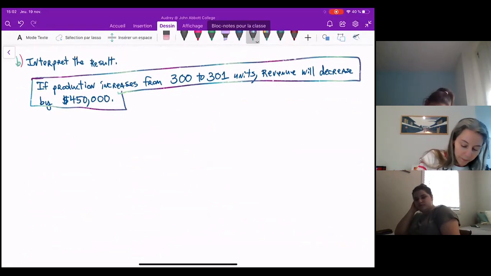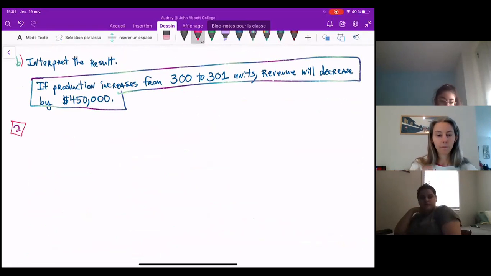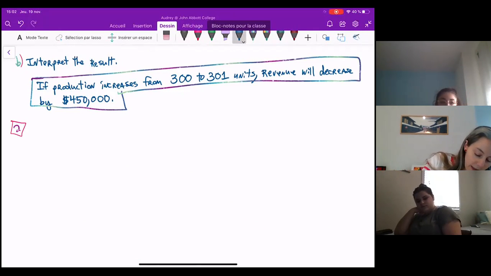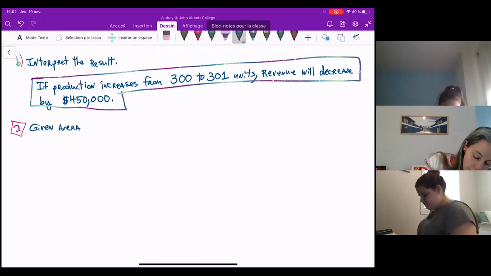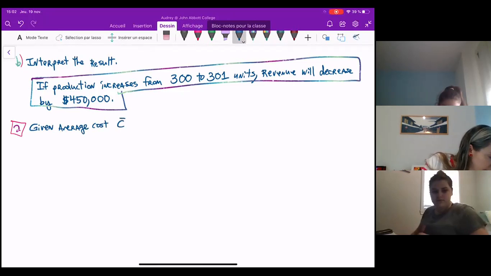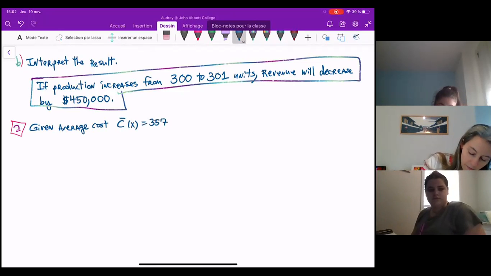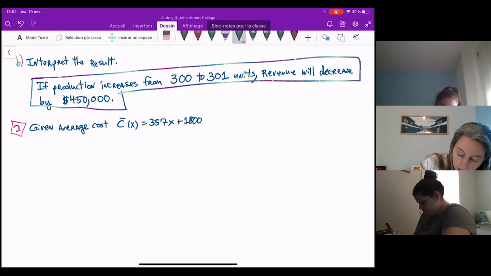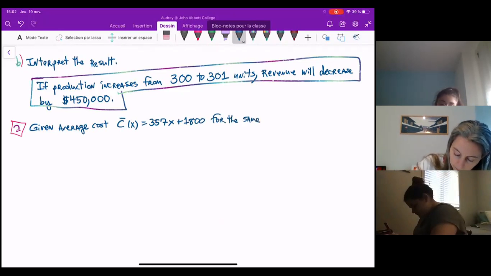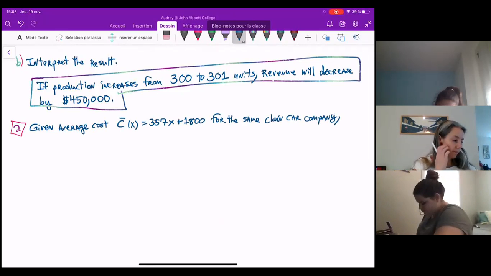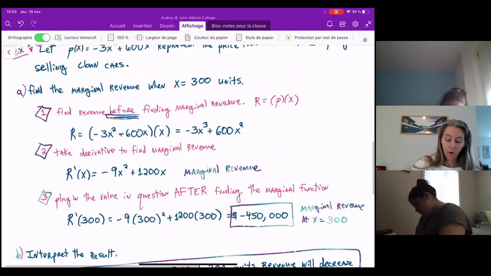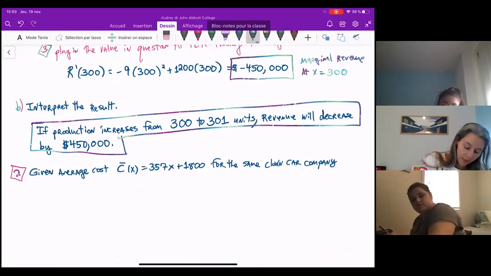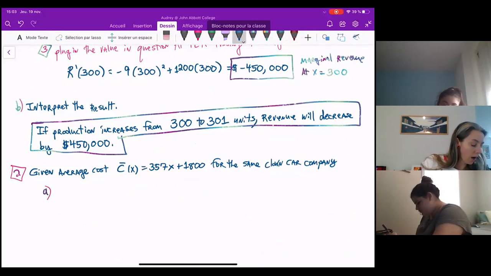And for question 2, we're going to say, given average cost for the same clown car company, find marginal cost at x equals 50.